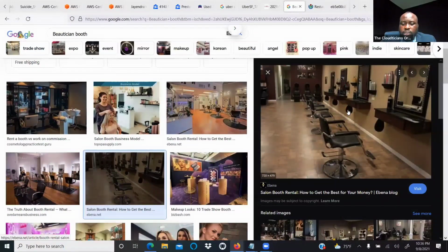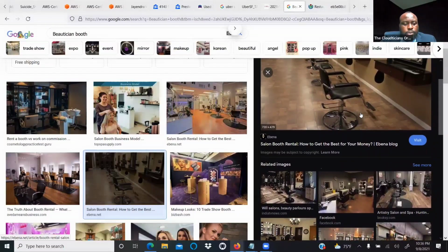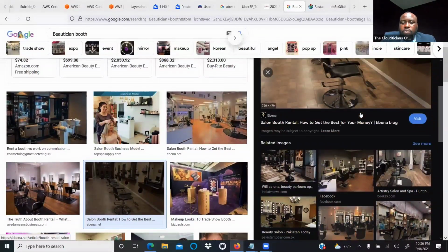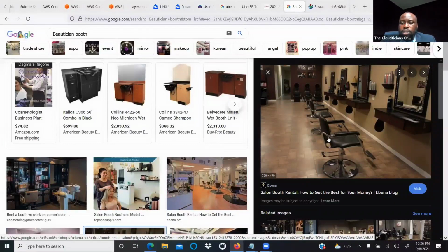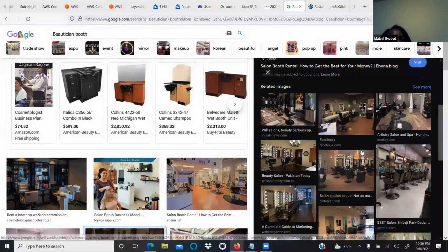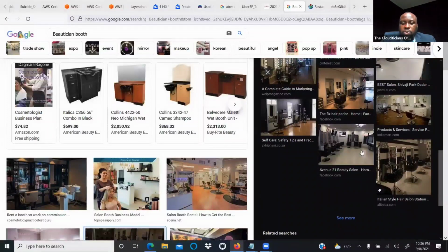That's a beautician booth, right? That's an example. So as a hairstylist, you don't have to rent your own place. You pay for this seat, one of them or all of them, for your clients, and you give the client the address to meet you. That's what she meant. Thank you, ma'am. Mr. Emmanuel, your hands are up.